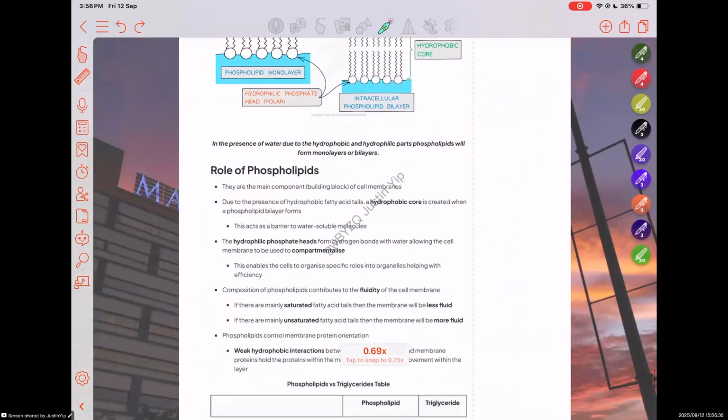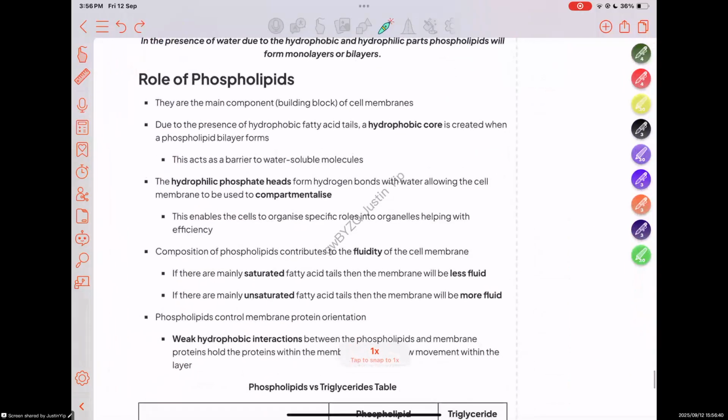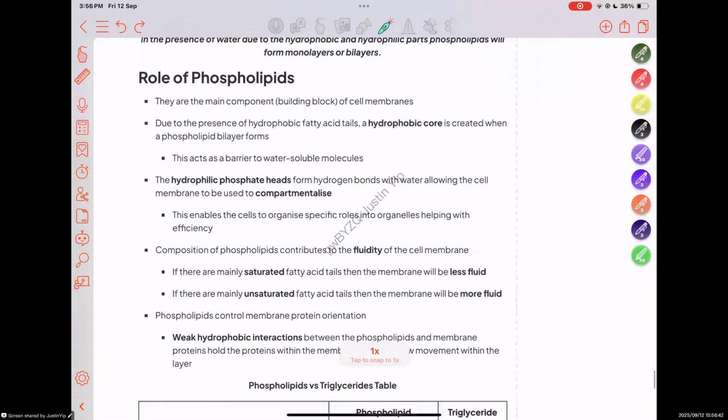And lastly, the role of your phospholipid bilayer. First thing, they contribute to the fluidity of the cell membrane. Fluidity means how smooth the membrane is.